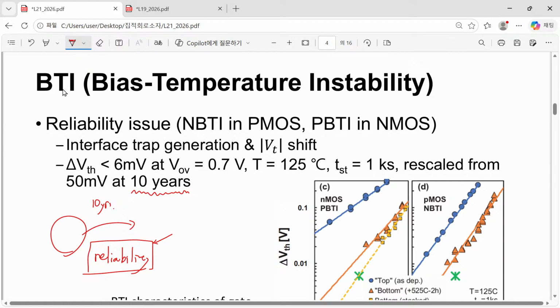That's the reason why, although I made a fantastic device, after a few days its characteristics, its I-V characteristics, just degrade by some oxidation or exposure to the air. So from a mass production point of view, this reliability is extremely important.